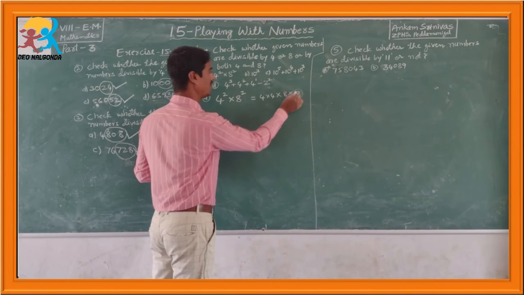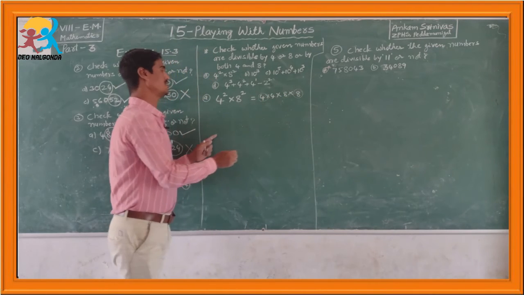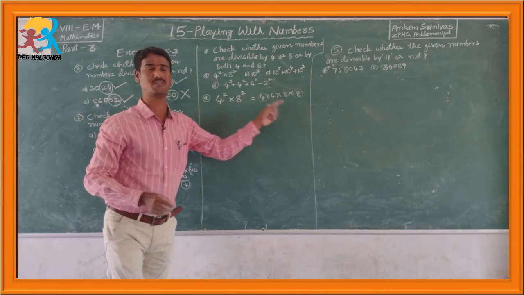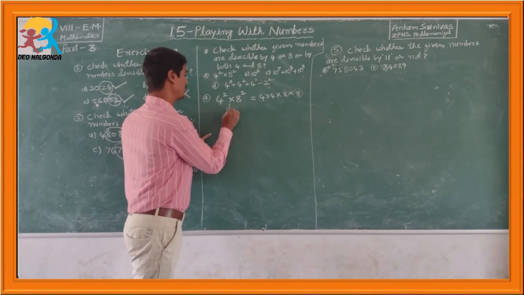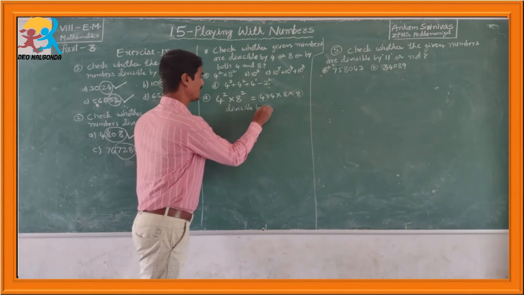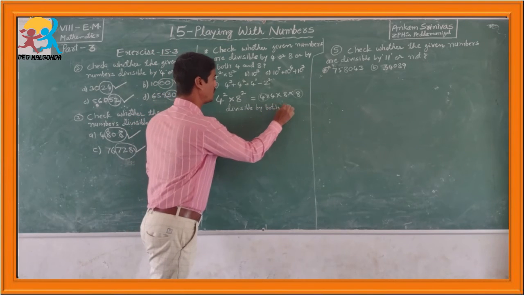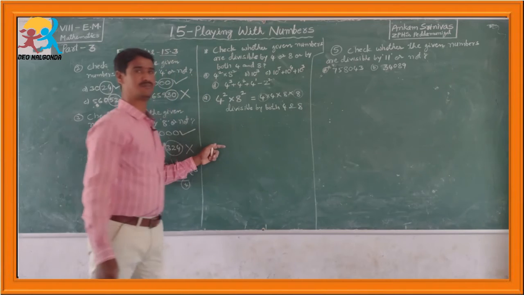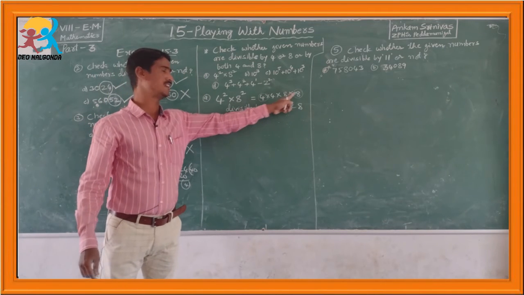So 8 into 8 into 4 also. So this number is divisible by both 4 and 8.